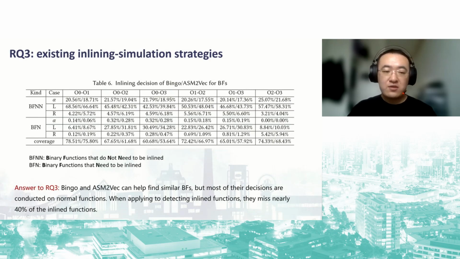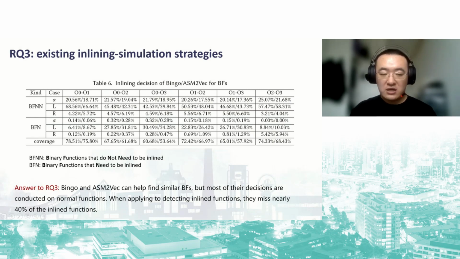And these 3 cases are the designed rules, and we classified the binary functions into 2 classes, as the binary functions that do not need to be inlined and the binary functions that need to be inlined. We can observe that most inlining decisions are conducted on the binary functions that do not need to be inlined. Their coverage is mostly above 17% to 60%.